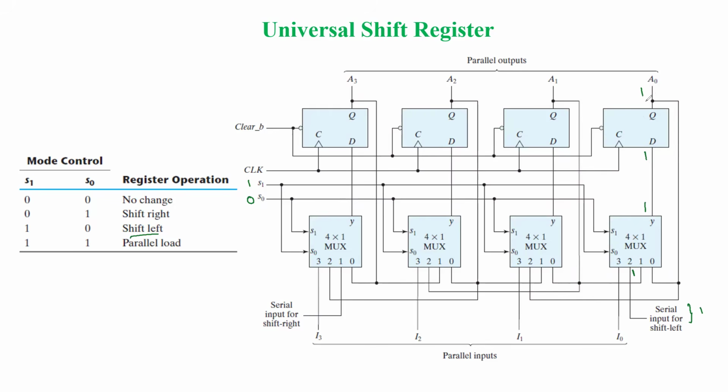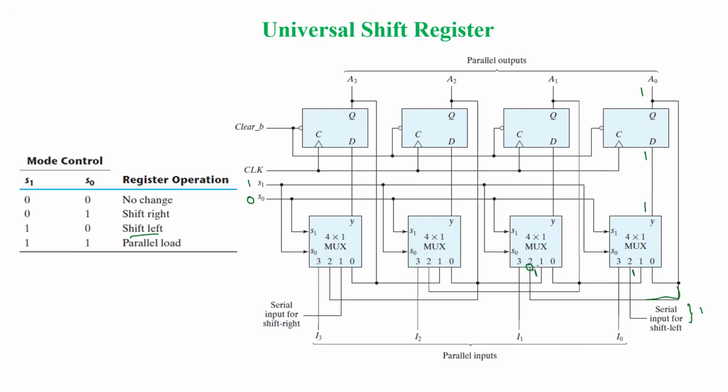Now again, if you see back, this A0 is connected to port 0 of the multiplexer as well as to the port 2 input of the multiplexers. So the output of the rightmost flip-flop is now available as the input here.